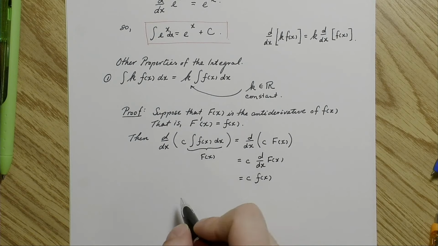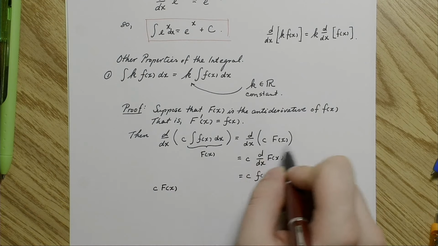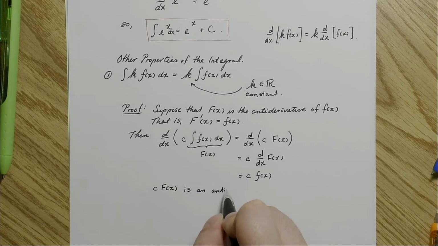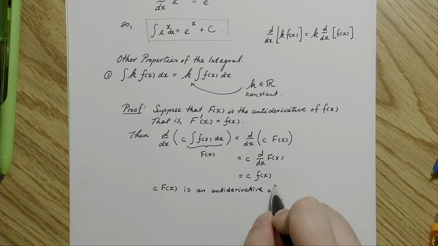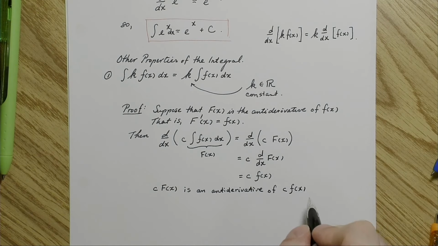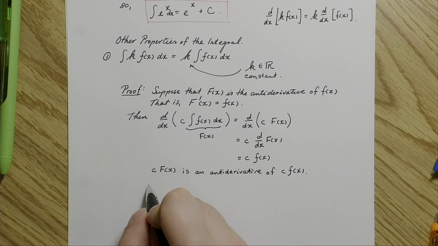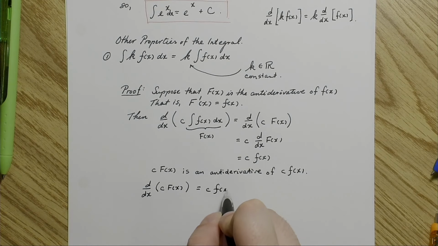So what I've actually proved here is that c times capital F at x is an antiderivative of c times f at x, or that is, d by dx of c F at x is equal to c f at x.